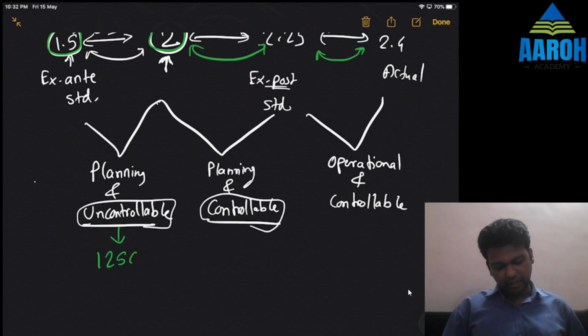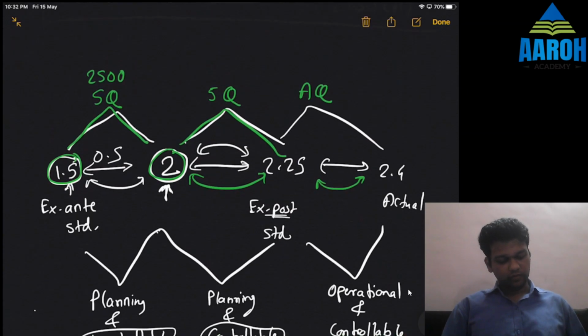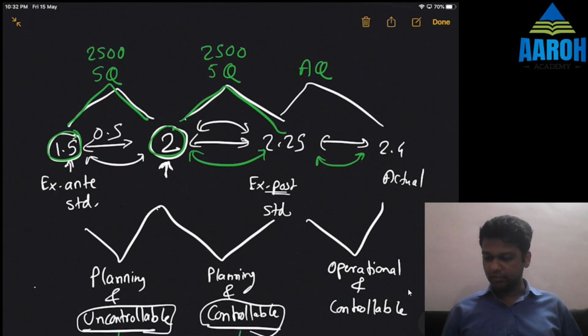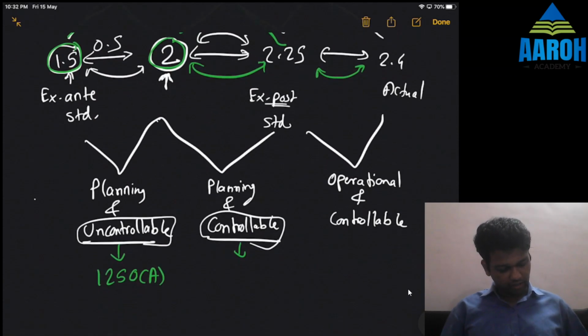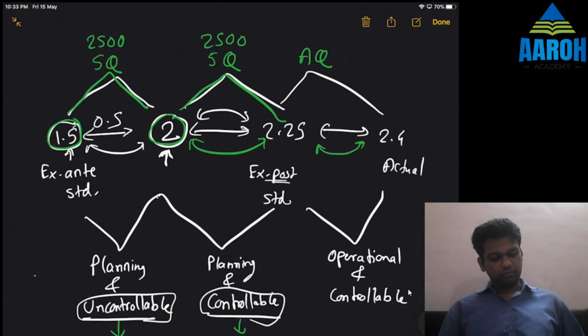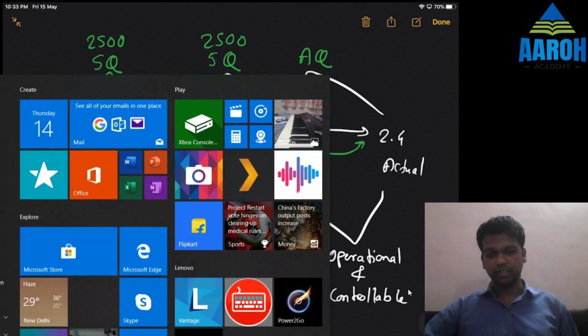So 1250 adverse. Then planning and controllable, this is also standard quantity, so 2500. 2 minus 2.25, so 0.25 into 2500, which is half of 1250, 625, still adverse, because this is more, 2.25. The material which we selected had more purchase cost.